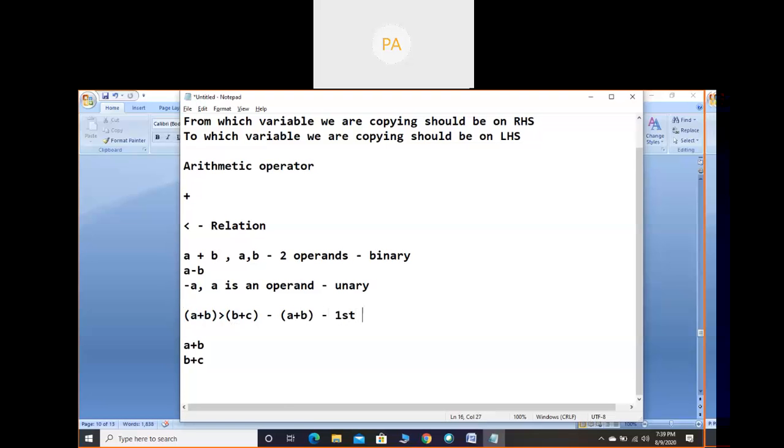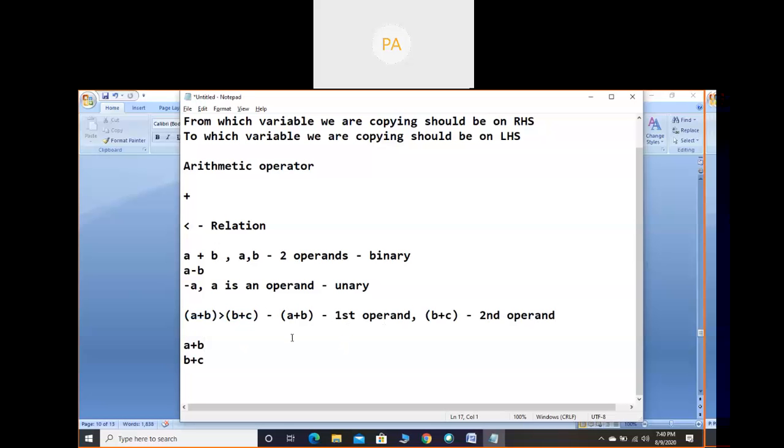Next, on the RHS, after the greater than symbol, I have B plus C. Consider this complete expression as the second operand. So now you can tell how many operands there are with respect to the greater than symbol: two operands. Before it, A plus B, one operand. After it, B plus C, another operand. When we have two operands, this greater than symbol becomes a binary operator.